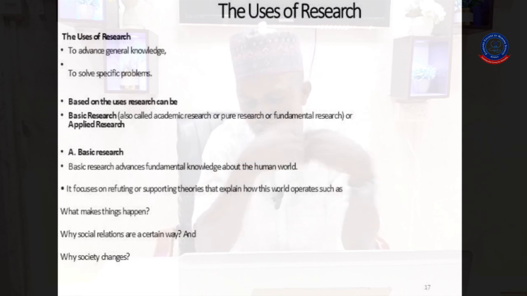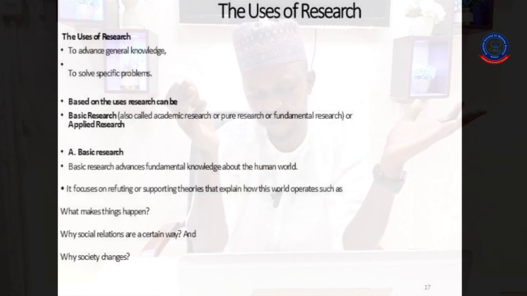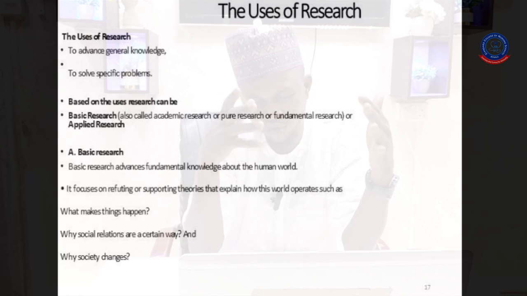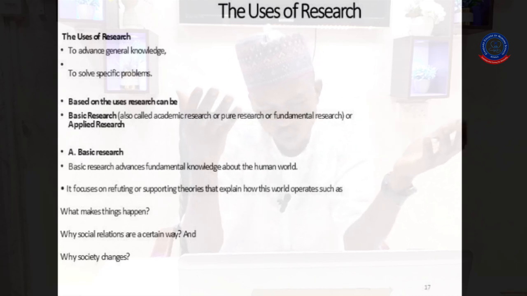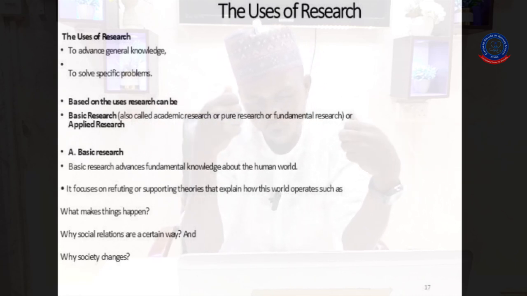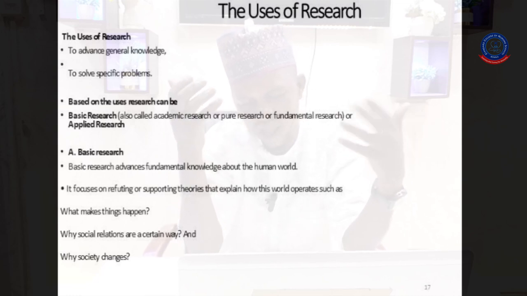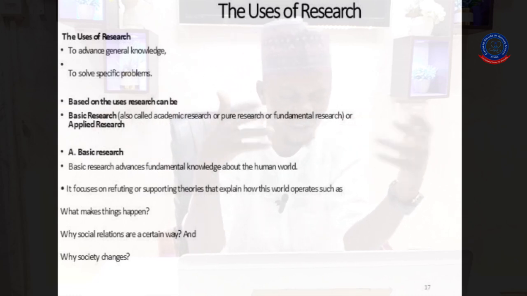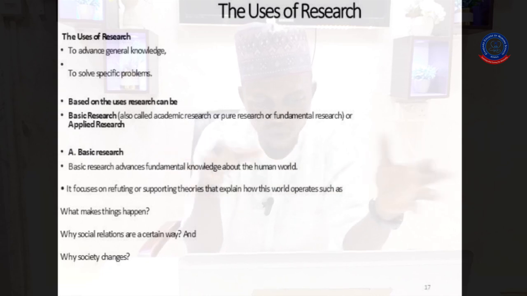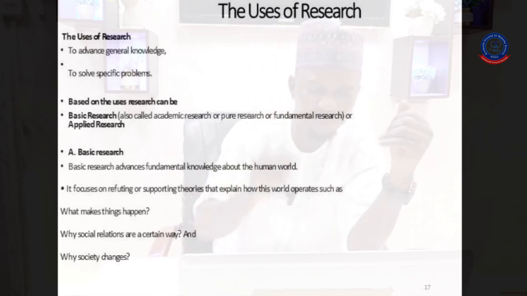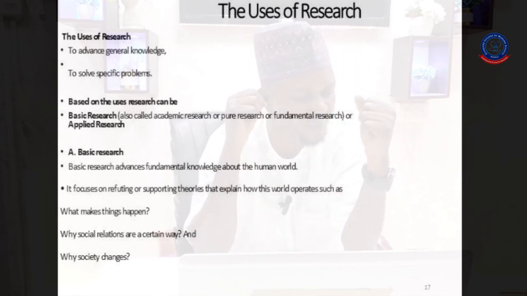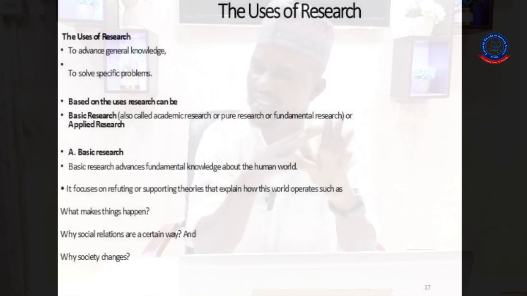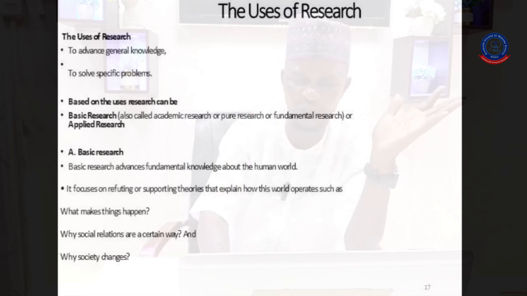These are examples of pure research, generally about the human world.